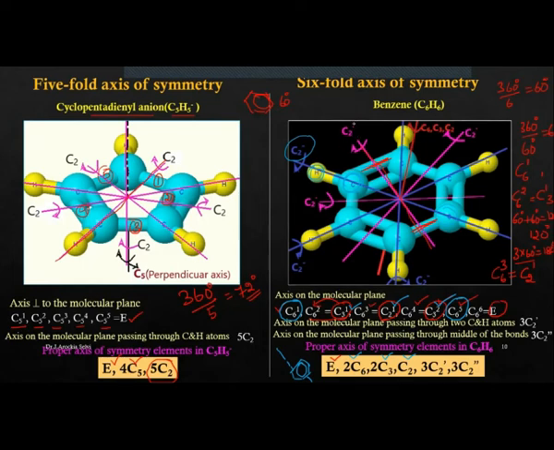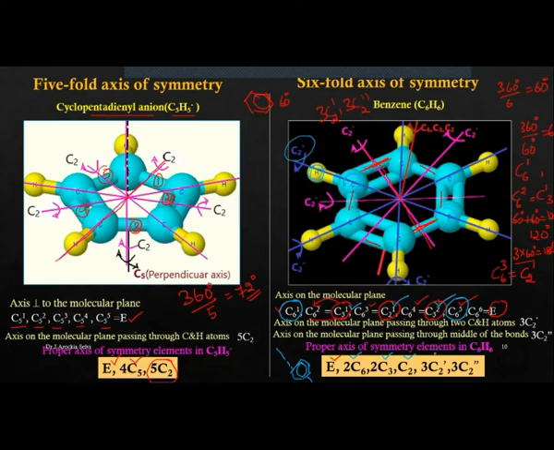So we are representing that. How many parallel edges do we have? This is the one, then this and this, and this and this. So totally 3 parallel edges. So 3 C2 prime. Then how many corner atoms do we have? 3 pairs of corner atoms you could connect. So we have 3 C2 double prime.